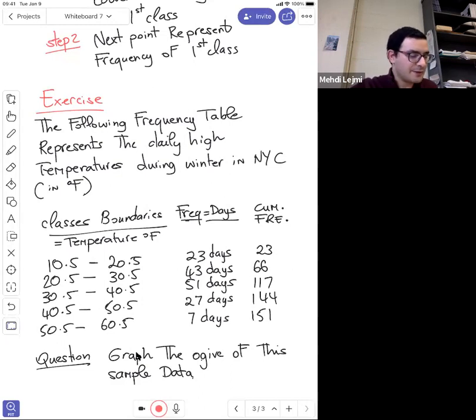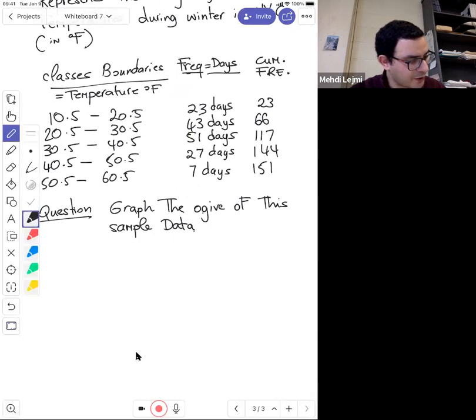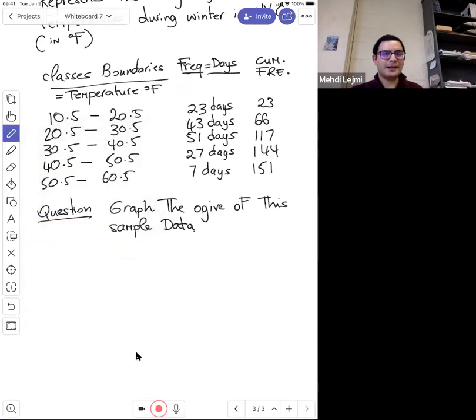Let me just say here, guys, because the cumulative frequency numbers are kind of high, it goes to 151. So as I said, when you graph your ogive, the units don't have to be exactly the same.